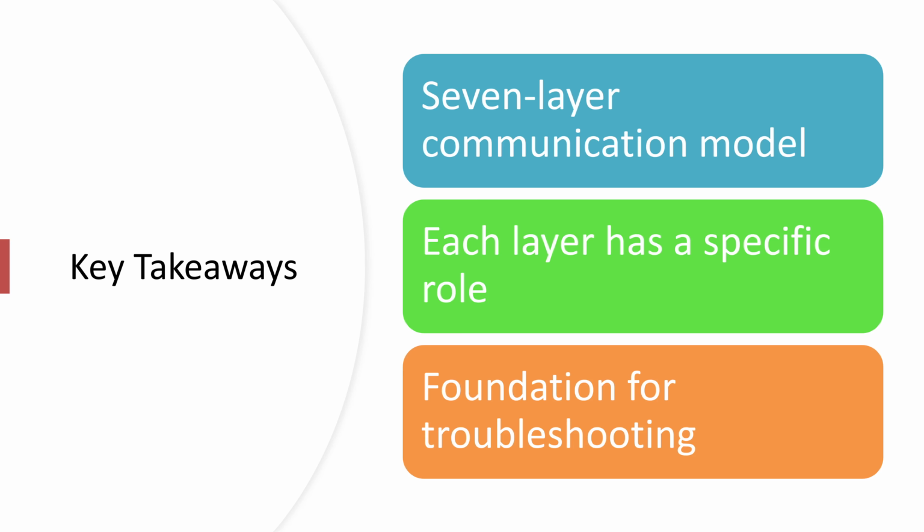Can the devices see each other? That's layer 2, so we can ping. Can they reach other networks? That's layer 3, maybe ping the other router. Is the service responding? That's layer 4 through 7. This approach saves time and prevents guesswork.